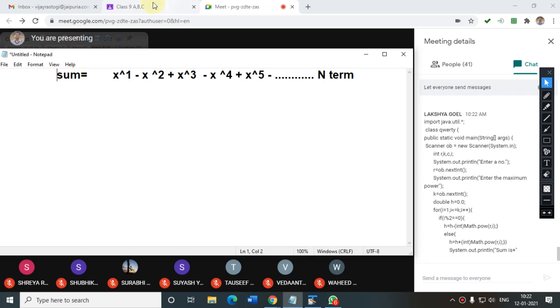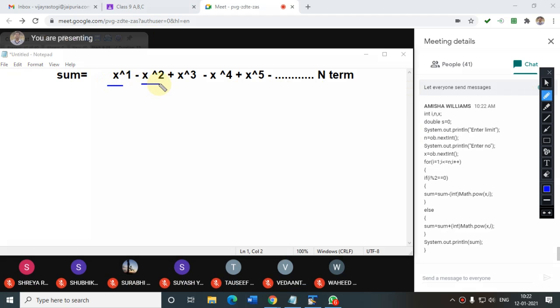First of all, whenever you have a series like this in which addition and subtraction terms are given, the first is plus, the second is minus, then the third is again plus, like this it is happening, right?